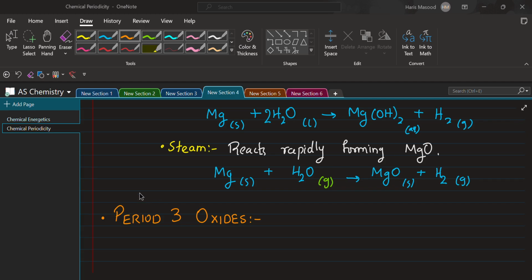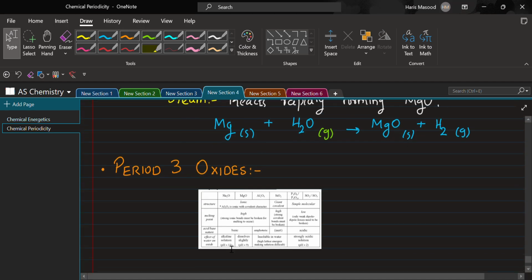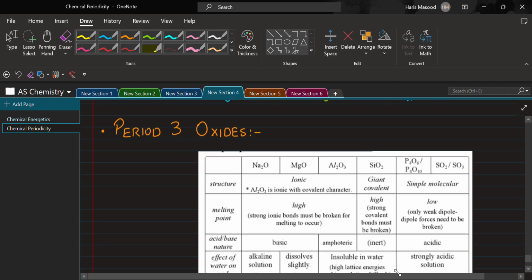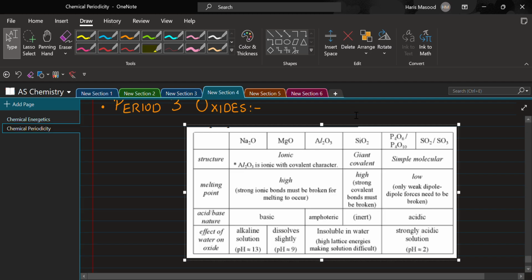Okay, so first we look into a little bit of a table that gives us a summary of the properties of period 3 oxides that we have recently formed in our reactions. So we have the structure of them, melting point, acid base nature, and effect of water that we will be seeing in our new reactions.